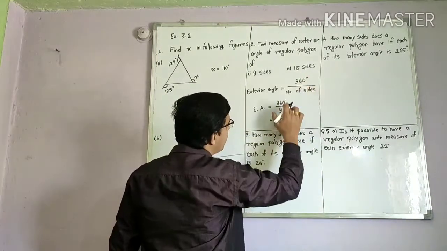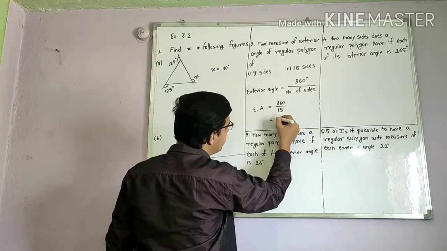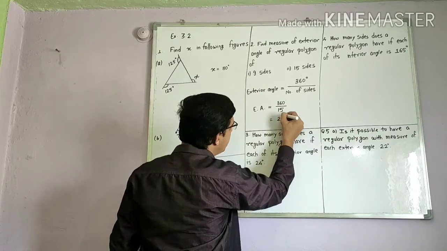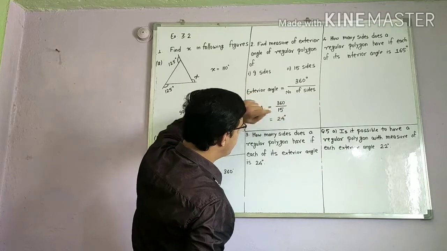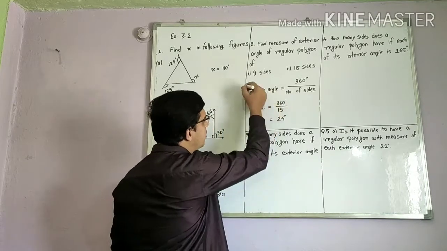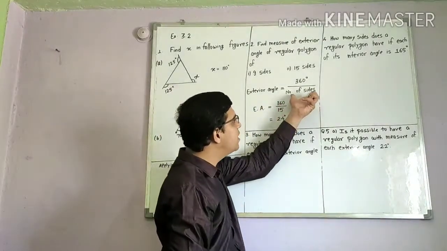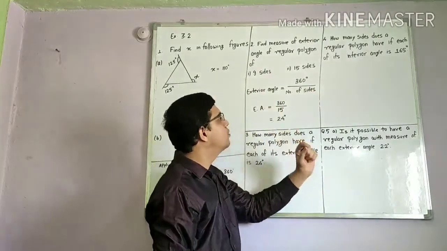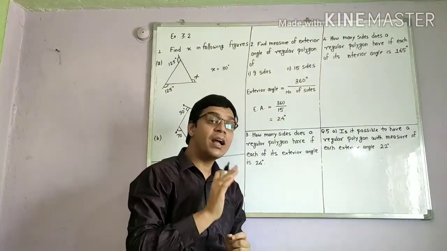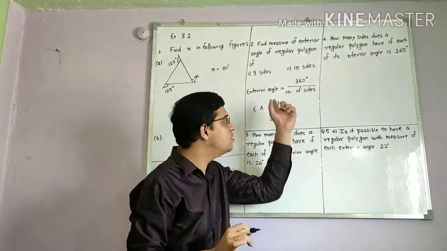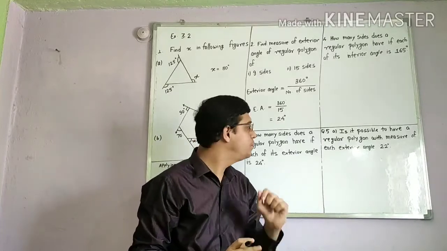Similarly, if number of sides are 15, then when we solve this, it will be 24 degree. 15 2s are 30 and 15 4s are 60. So this is how with this formula you can find exterior angle when number of sides are given. So for any number of sides you can find exterior angle for regular polygon. Remember, this formula is only applicable for regular polygon.